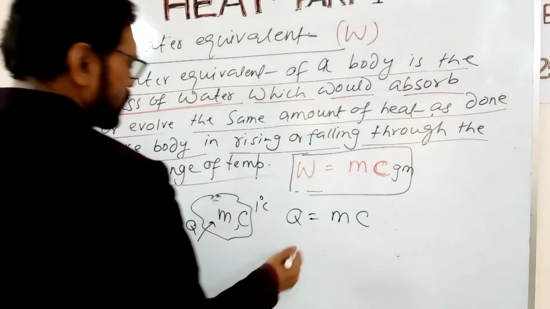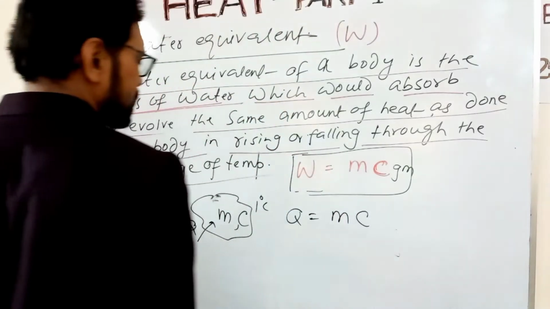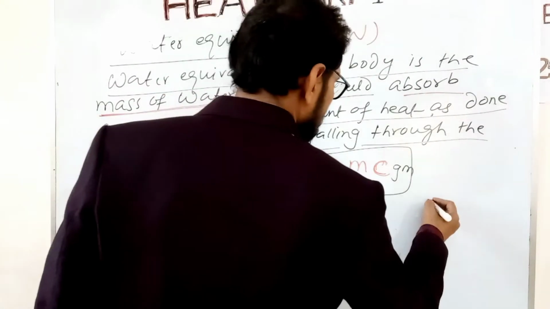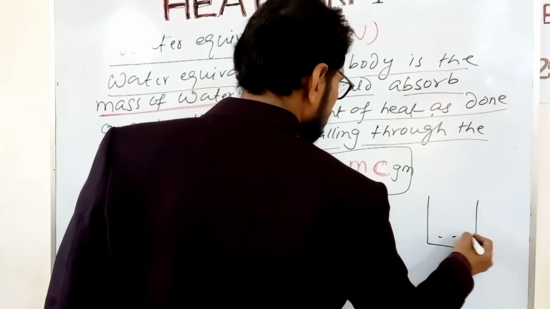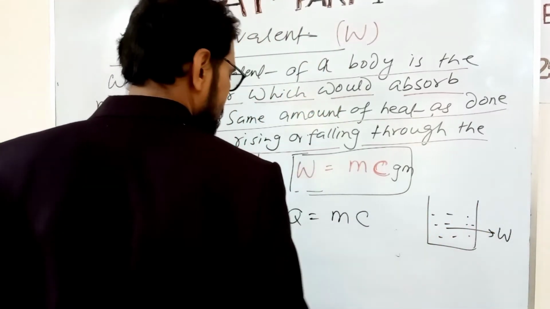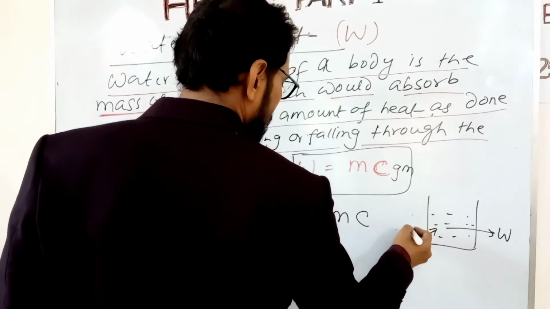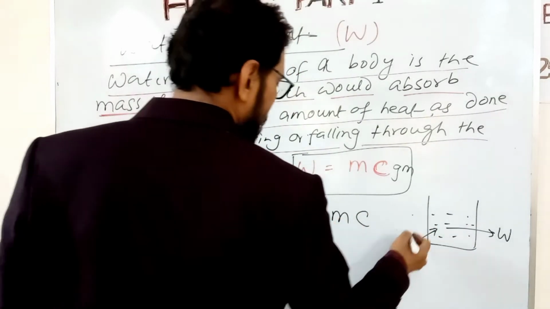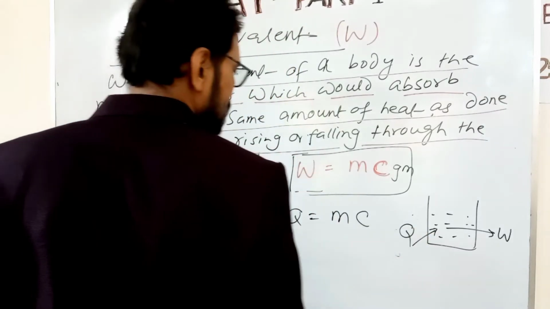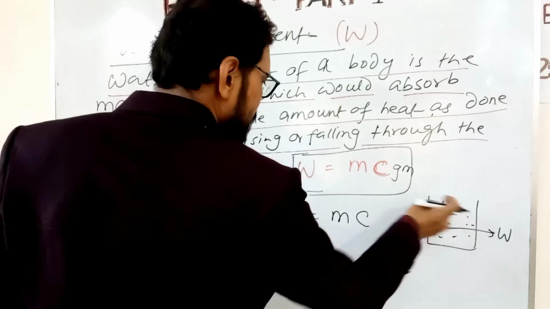We know. Now, if some mass of water, suppose this is a mass of water, W gram mass of water is taken. Now suppose the same amount of heat, Q amount of heat, is supplied so that the temperature of the water rises by 1 degree centigrade.